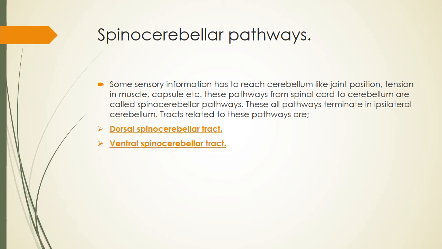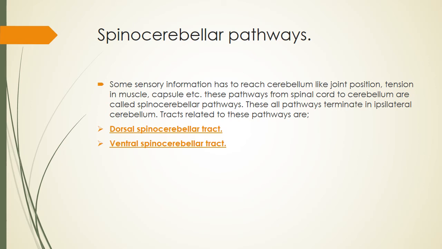The unconscious muscle joint sense goes to the cerebellum, while the conscious muscle joint sense goes to the thalamus by the fasciculus gracilis and fasciculus cuneatus, the posterior column tracts we will discuss.